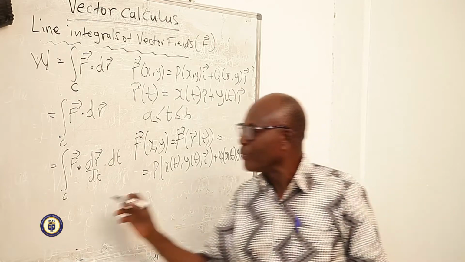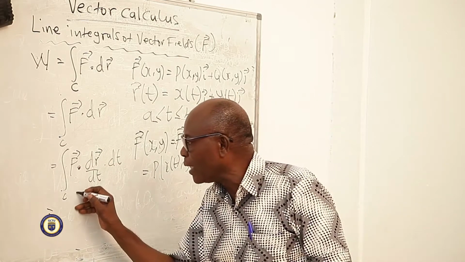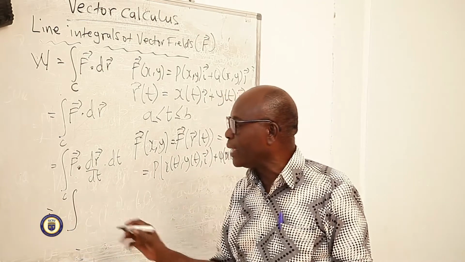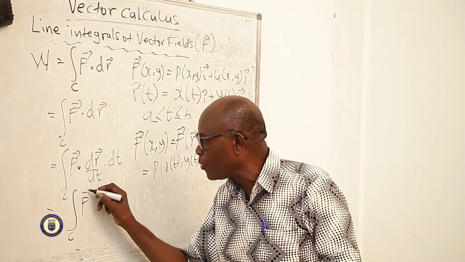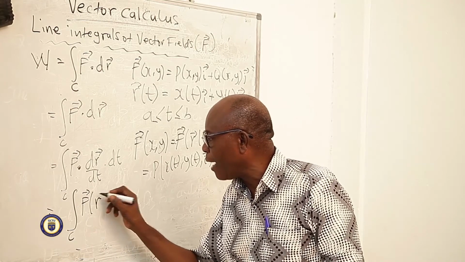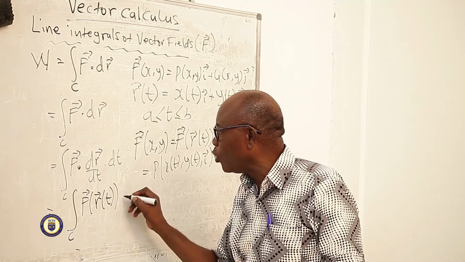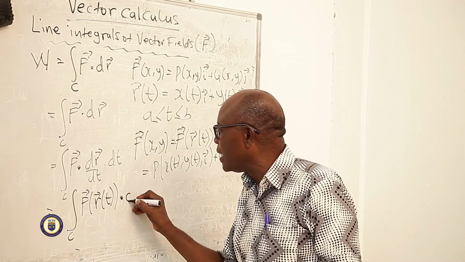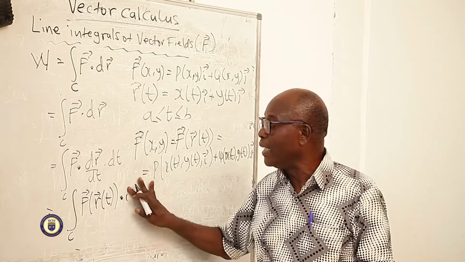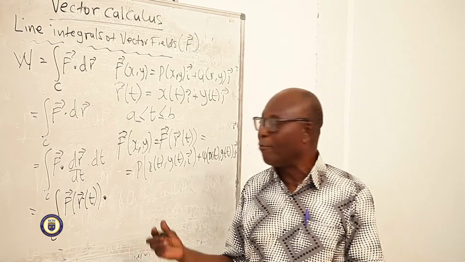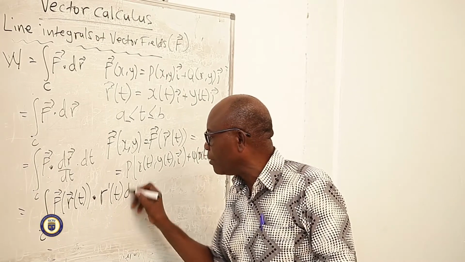And so, when we are working with parameters, we can rewrite the formula of the line integral as F of r of t dot dr/dt, and dr/dt can be written in the shorter form r prime of t, times dt.